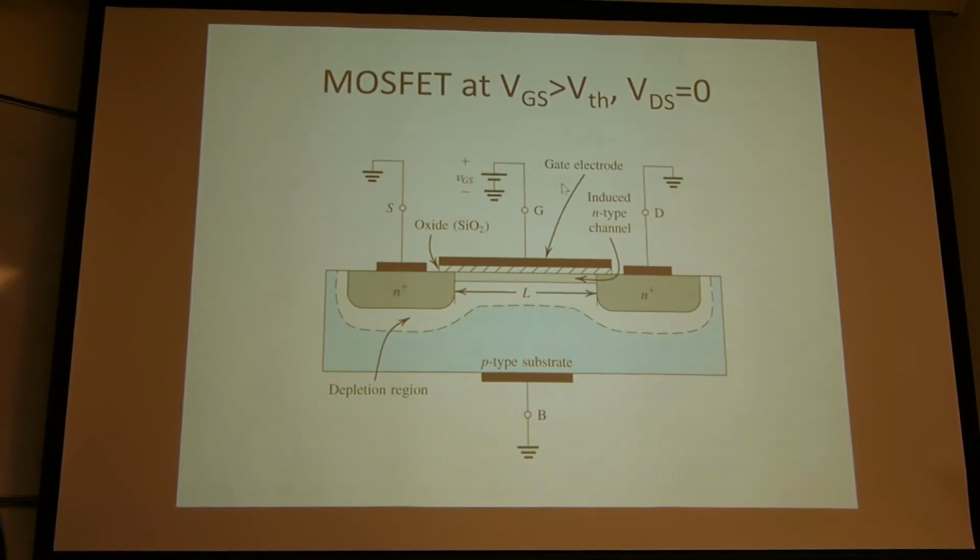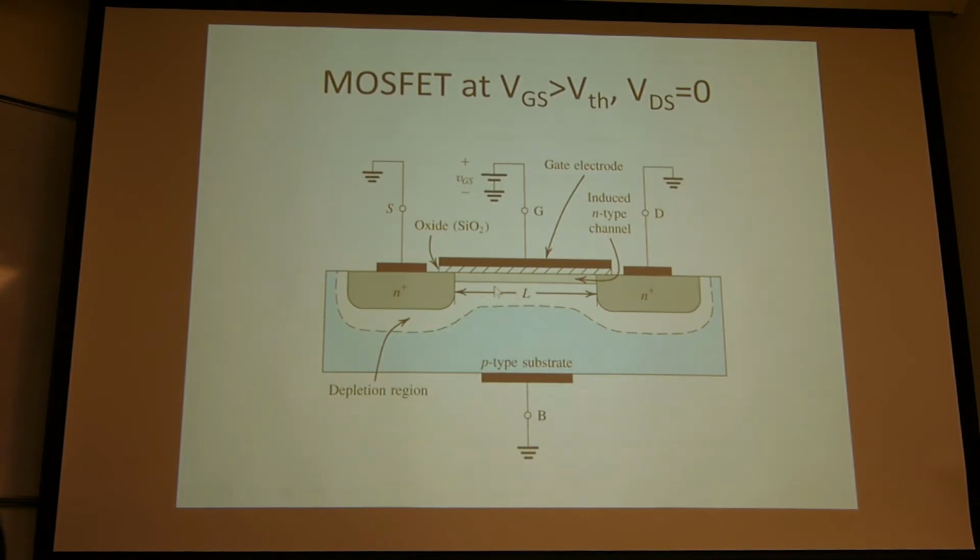Let's review the principle of operation. If the drain voltage is 0, you only apply the gate voltage. When you increase the gate voltage, you first create depletion of the channel.